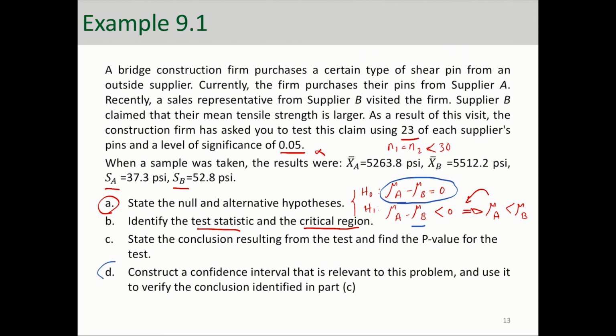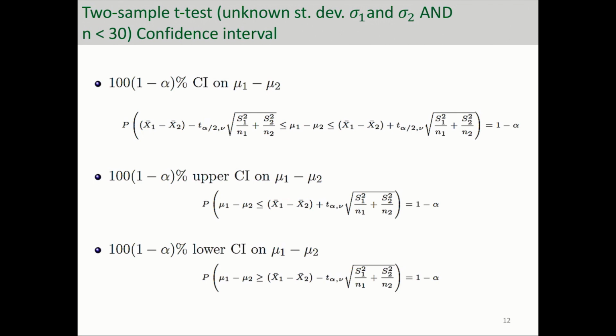Part D of this problem says construct a confidence interval that is relevant to this problem and use it to verify the conclusion identified in part C. So the appropriate confidence interval here is a one-sided confidence interval because our test is one-sided. And if I go back here, we should find the upper confidence interval, and that is for when mu1 minus mu2 is less than 0.